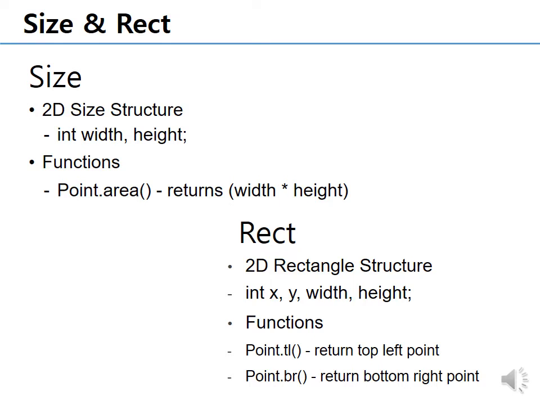There are Size and Rect classes in OpenCV. Size class has the width and height information of the image. So if the image is like this, size.width and size.height will return the width and height of the image, and a function included in the Size class is .area.